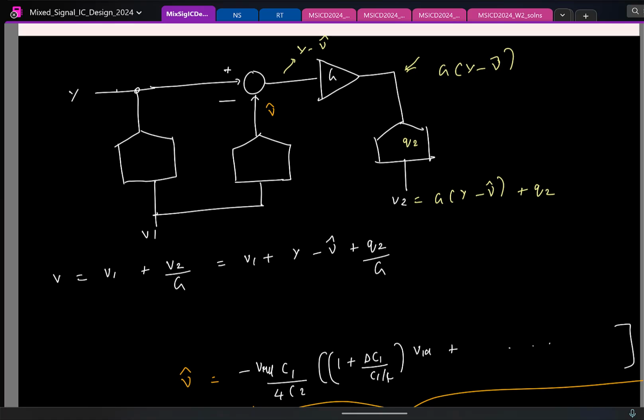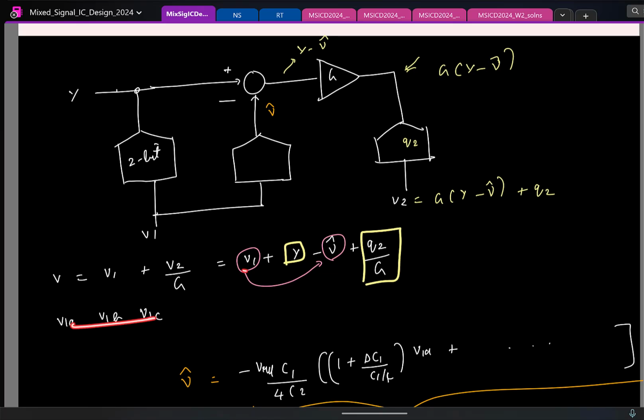In this, what is the desired term at the output? Ideally, what do you want this output to be? You want the input to appear and the last stage quantization noise. So I have to make sure V1 is the same as V hat, right? Remember, we have assumed a 2-bit flash, so we have 3 thermometric bits, V1A, V1B, V1C.